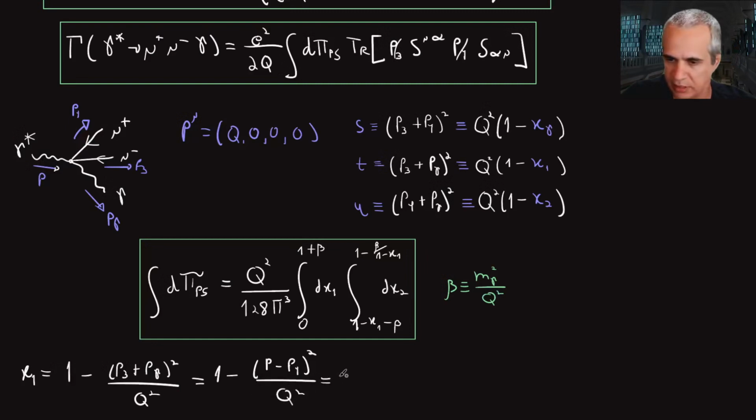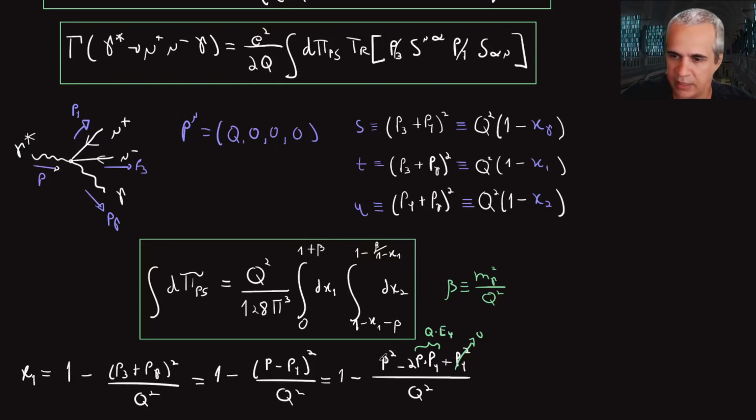And this I can show is just P square minus 2P times P4 plus P4 square. Remember, in the ultra-relativistic limit, this is 0, right? This, in this reference frame, is just Q times E4, right?